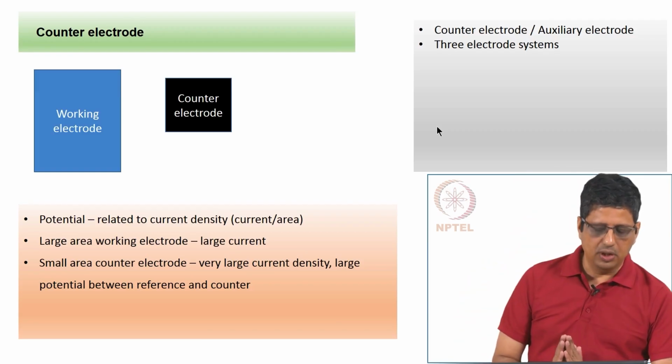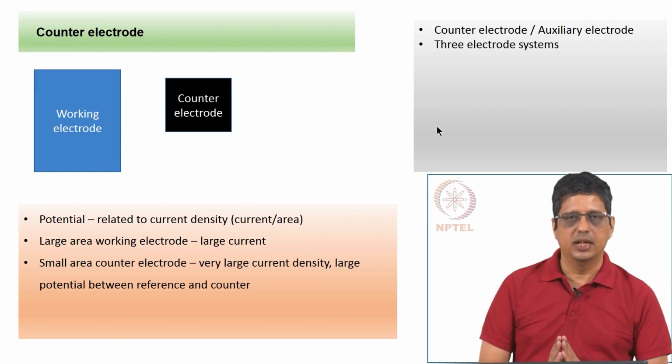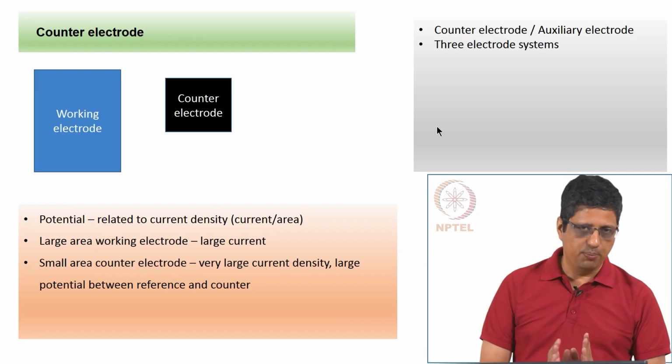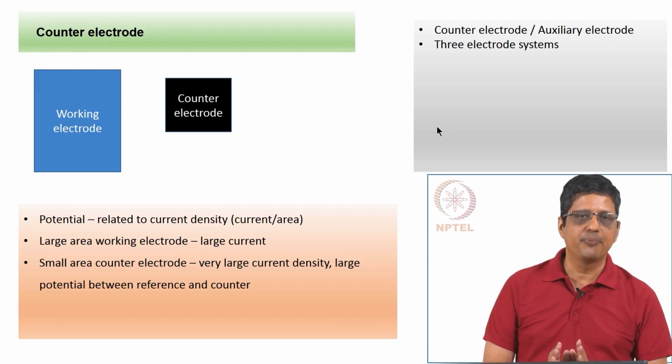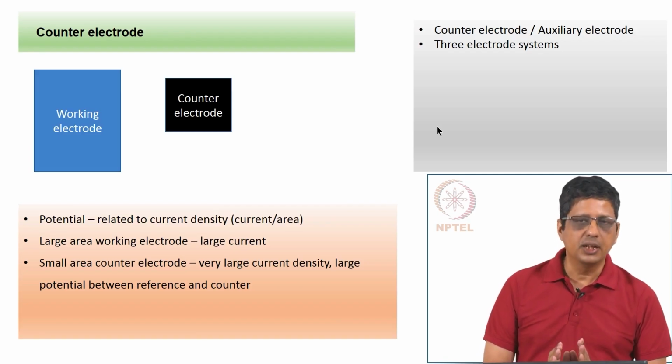Normally, we want to have a large counter electrode area. There is a reason for that. Okay. When we change the potential, what is controlled in the electrochemical system is the current density. If you happen to have a large working electrode, then for a given current density, the current will be large.